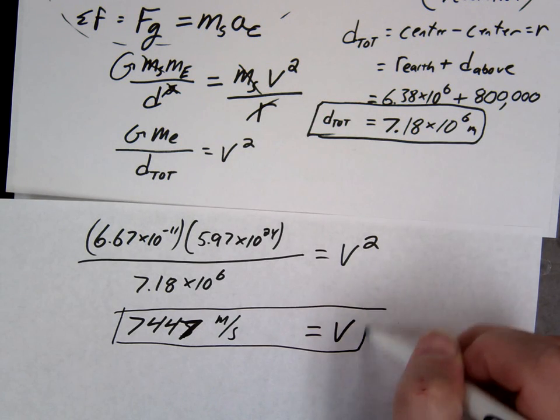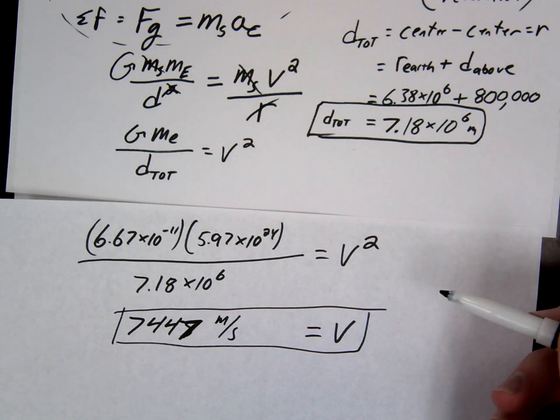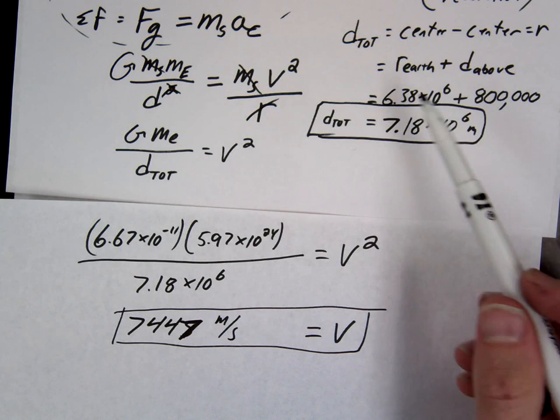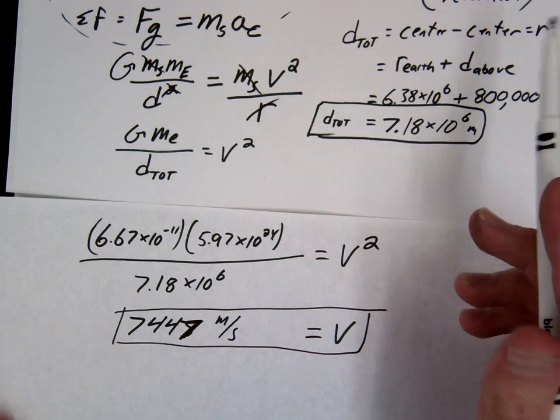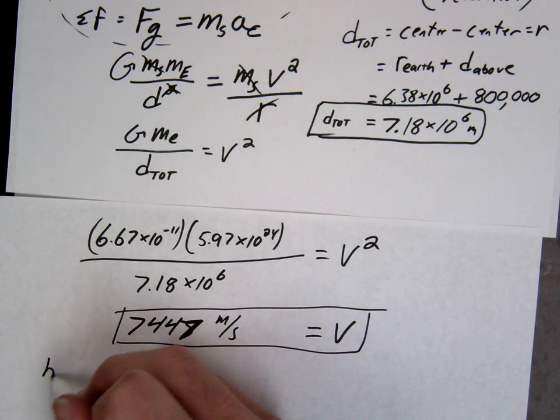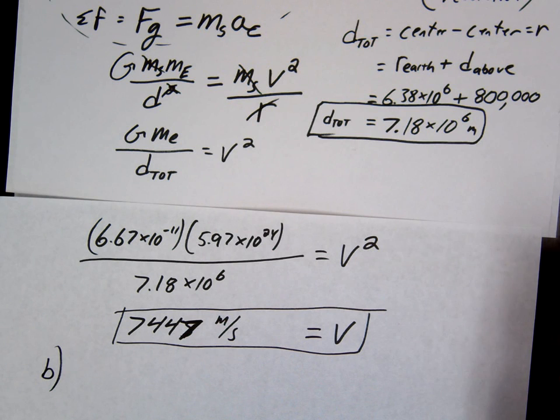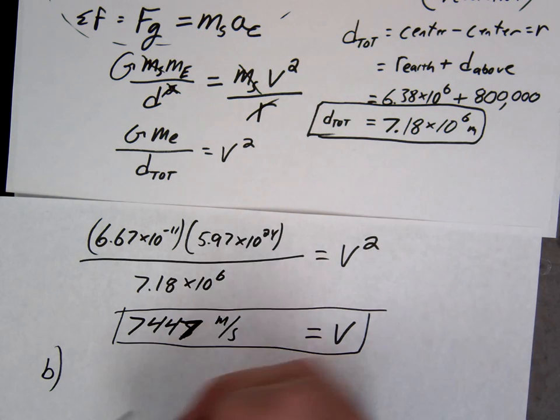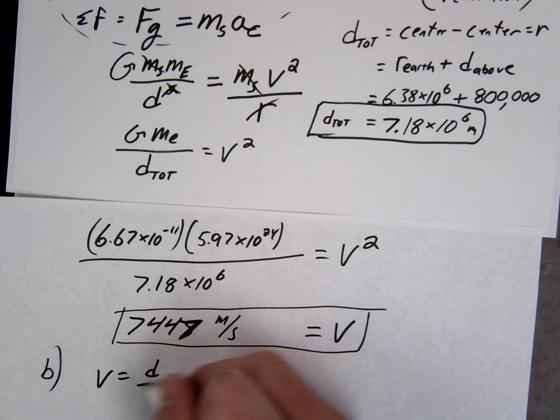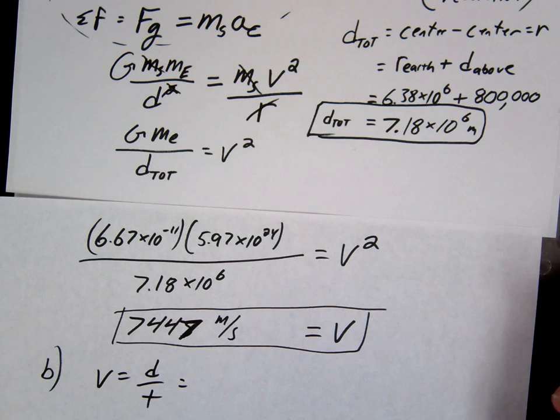Okay, so that's the new thing for today, how we would figure that out. I did ask you a second question, which was the period, but you should all know how to find the time. How do we find the time of a circle if we know the velocity? V equals d over t. What do we use for a d?